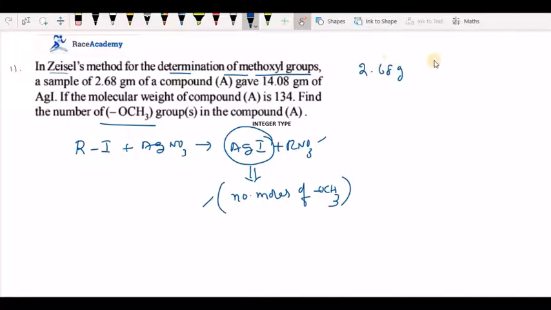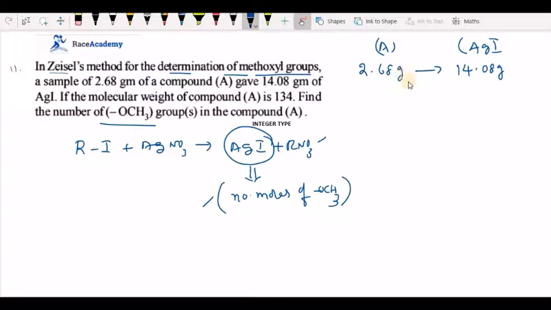So let us see, a sample is given to us, around 2.68 grams. That 2.68 grams of sample is giving 14.08 grams of silver iodide. Silver iodide is obtained in the reaction when the sample is treated with silver nitrate.